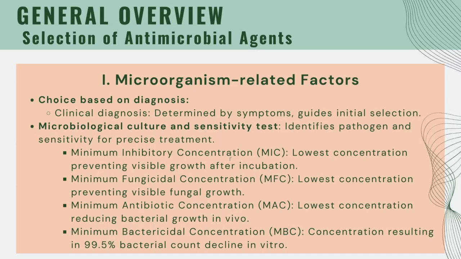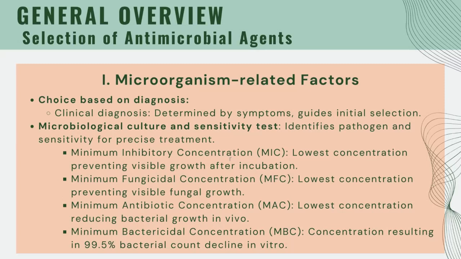This involves isolating, identifying, and characterizing the pathogen, along with conducting sensitivity testing to determine the minimum inhibitory concentration of the AMA. It's crucial to understand key definitions in this context. MIC represents the lowest concentration of AMA that prevents visible bacterial growth after incubation, while MFC denotes the lowest concentration for the fungi.